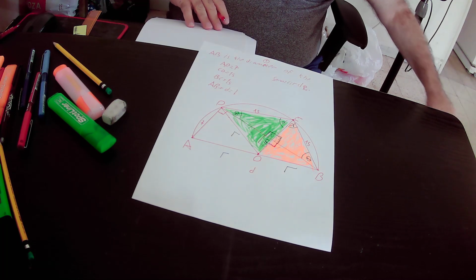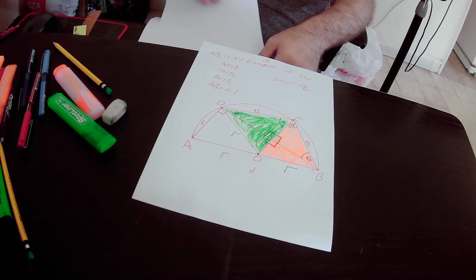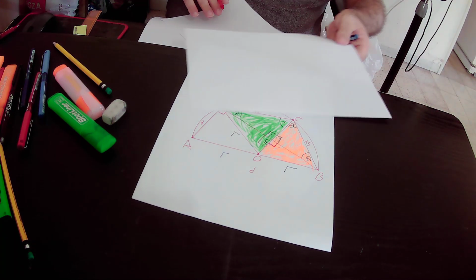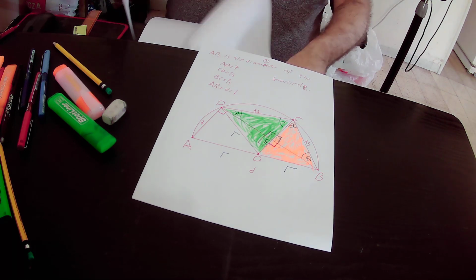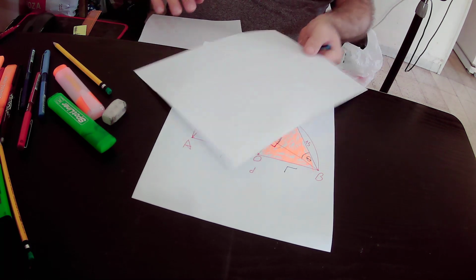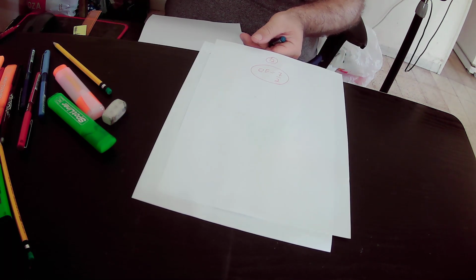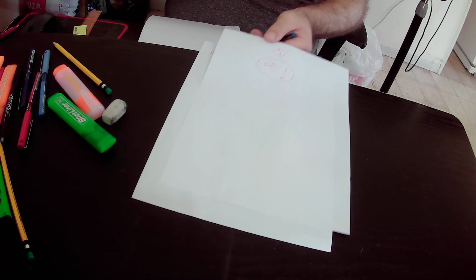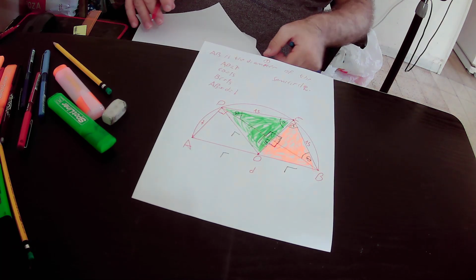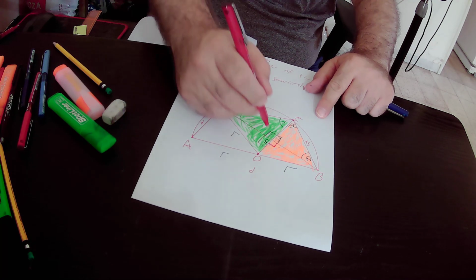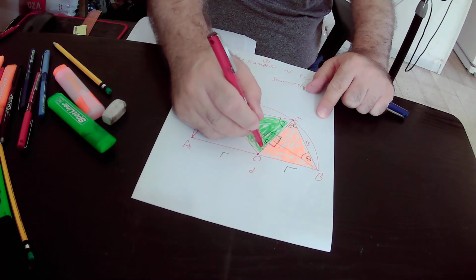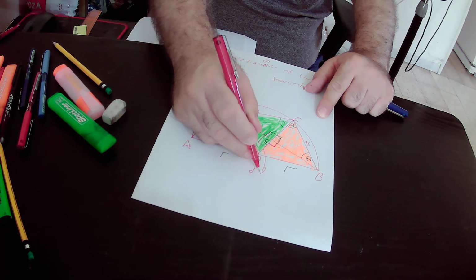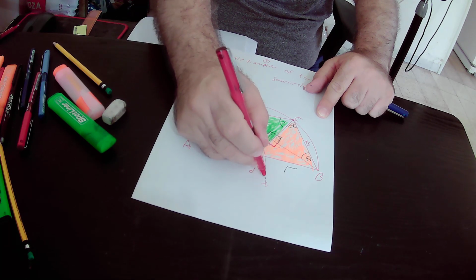Okay, the value of OE is 7 over 2 units. So we can write here that OE equals 7 over 2.